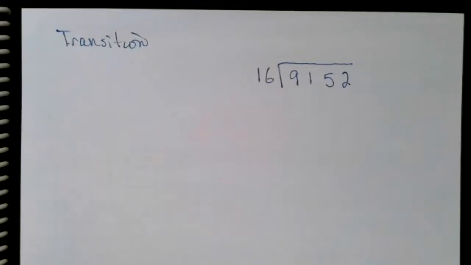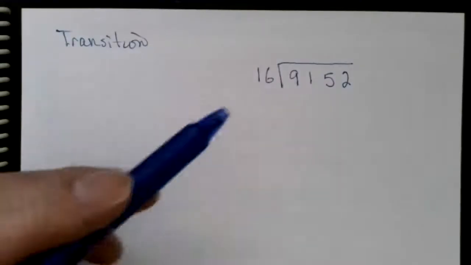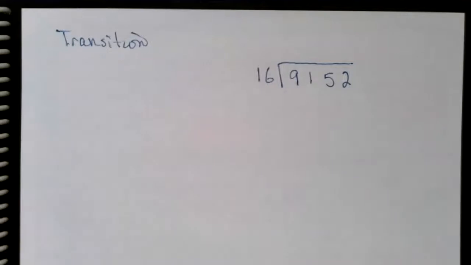Now remember, the whole point of an algorithm is that it solves a class of problems. So the long division algorithm should allow me to take any number I want and divide it into any other number, figure out the quotient and the remainder. So in particular, I should be able to use it to figure out this.